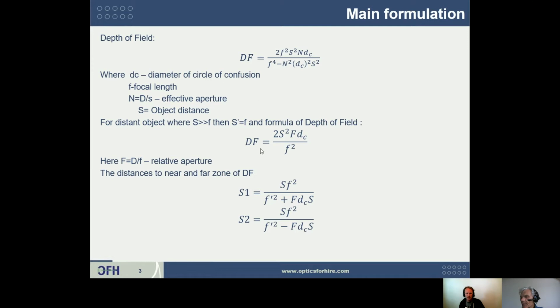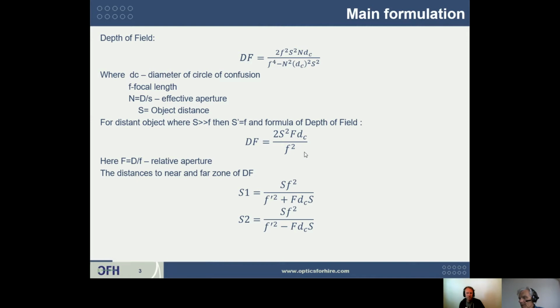All right. And then this second formula here, why do you have two formulas? It says when S, go ahead. In most cases of using an optical system, it is used with a very long distance to the object. And for a very long distance, when the distance to the object is much bigger than the focal length of the system, the formula for depth of field converts to a simpler kind.